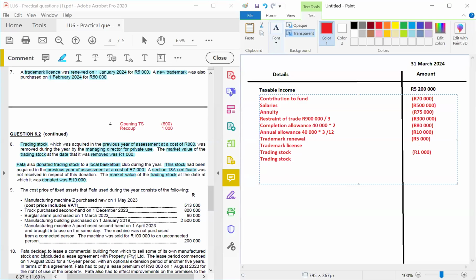We don't know the purpose that you are donating because it doesn't have a certificate that you are donating it to a public benefit organization, right? So you will also do the same. Now, recoupment is positive. Sorry, recoup is positive. Right. So recoupments are positive.